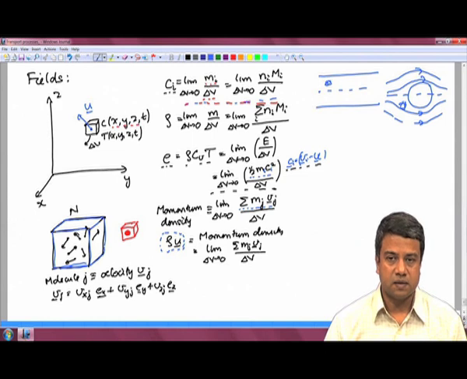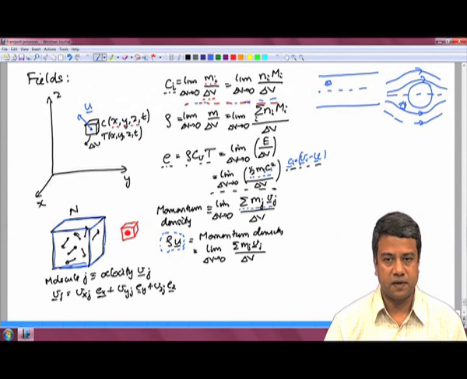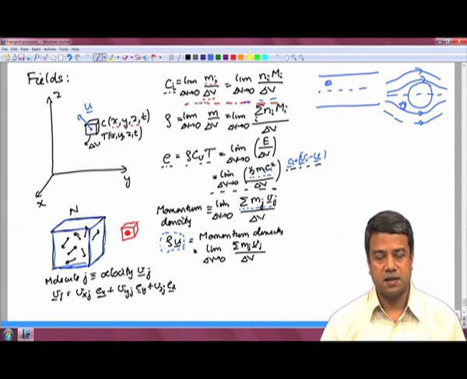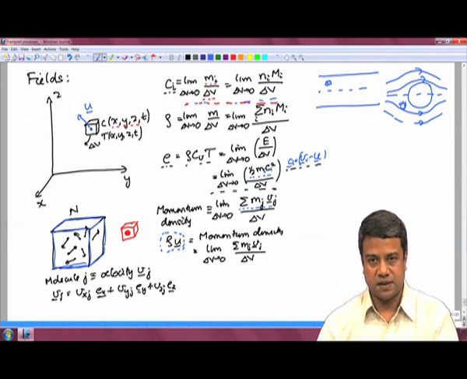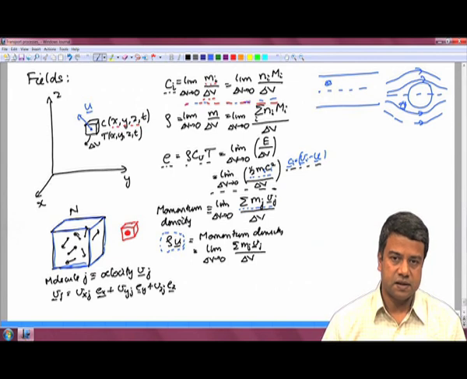Only then does it make sense to define continuum fields, as I have done in this case. In this intermediate range, you can define a size of the differential volume that is small compared to the system size, but still much larger than the molecular size.